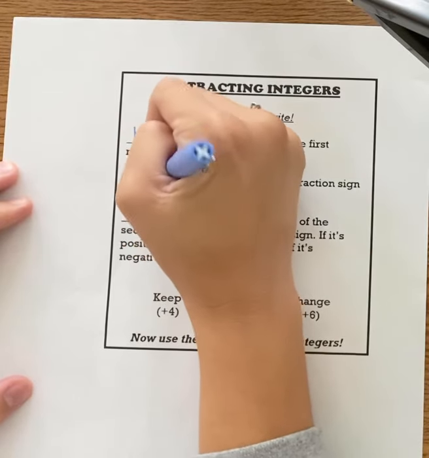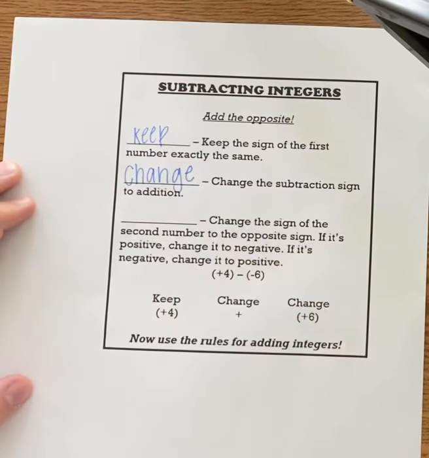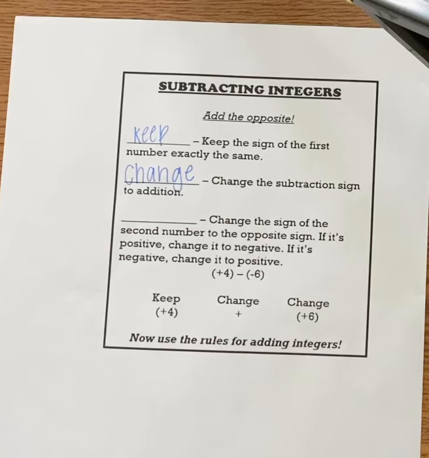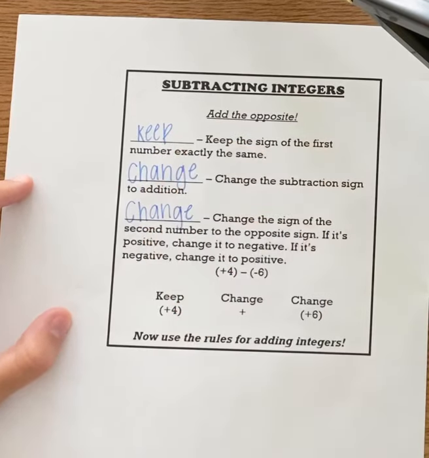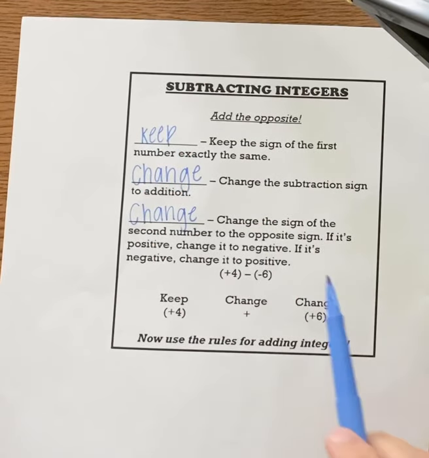Change the subtraction sign to addition, and change the sign of the second number to the opposite sign. If it's a positive, change it to a negative. If it's a negative, change it to the positive.